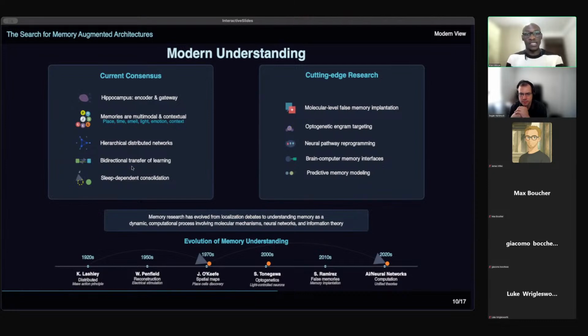And then distributed networks, like the whole brain contributes to memory creation and memory distribution. And then transfer of learning. I'm not sure about these, but I think it happens during the Hebbian learning process.